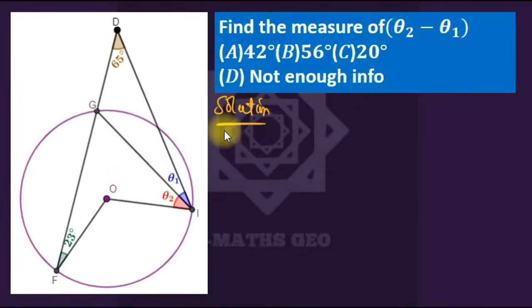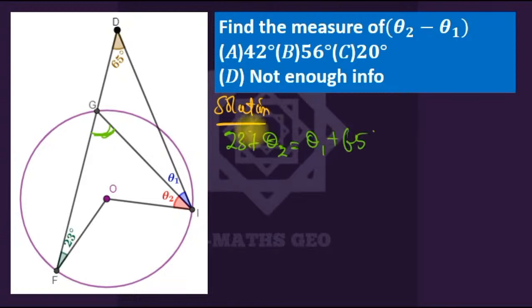So the only way we can solve this is to relate this angle using this and this, or using this and this. So we can get this either by adding this and this, once this is the center of this circle, so it's theta 2 plus 23, or using exterior angle theorem, which is theta 1 plus 65.